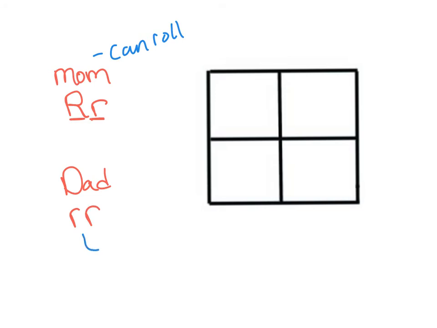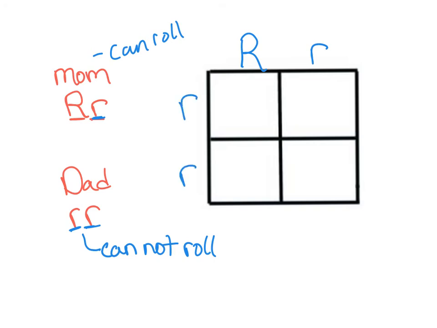Since he does not have a dominant allele for tongue rolling, he cannot roll his tongue. So mom could pass on a big R, or mom could pass on the recessive allele, the little r. Dad only has two recessive alleles, so he is for sure going to pass on a recessive allele to each child.